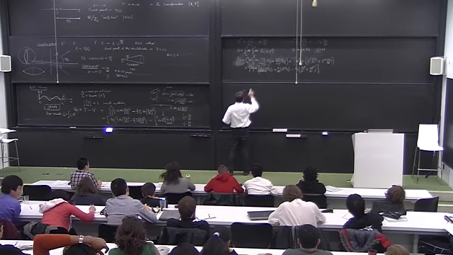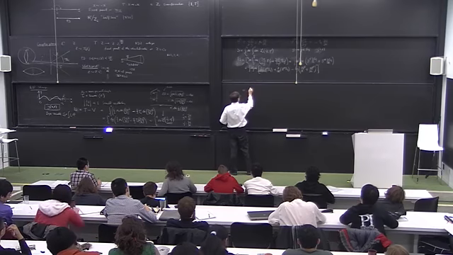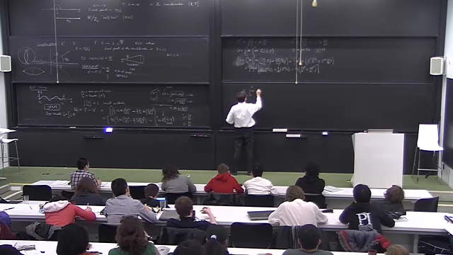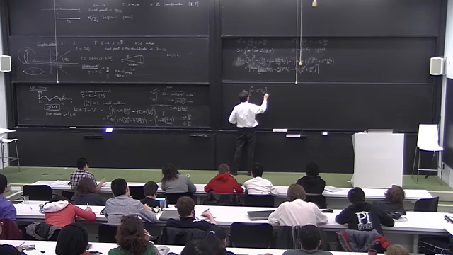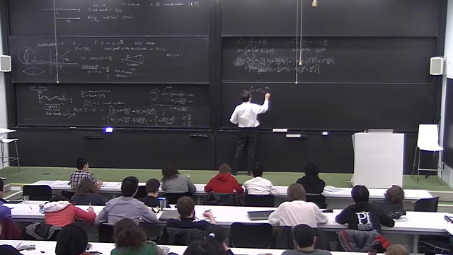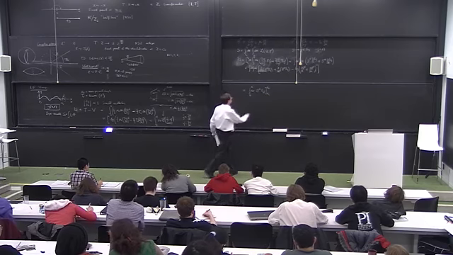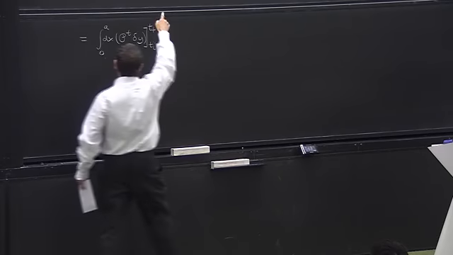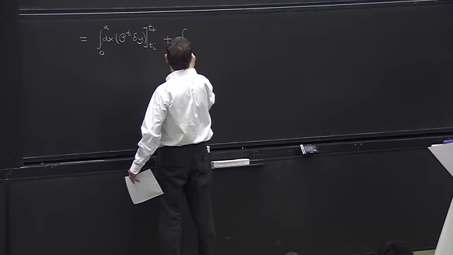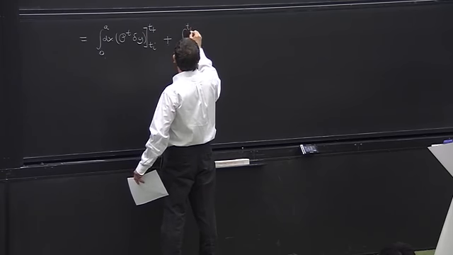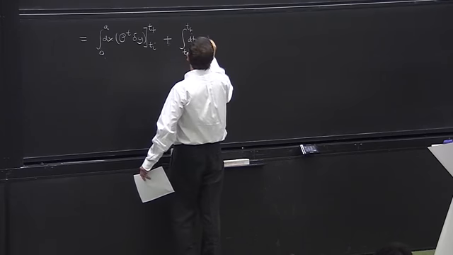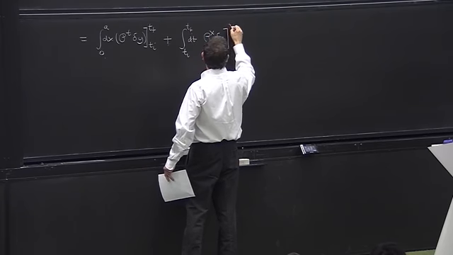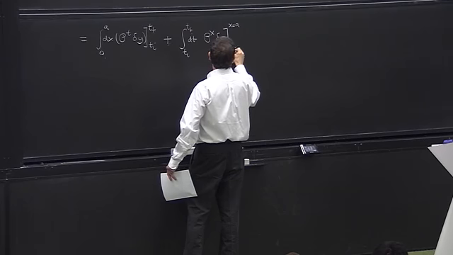So the d/dt integral can be done. In principle, you get the integral dx from 0 to a of P^t delta y evaluated between t final and t initial. For the d/dx integral, you get plus the integral from t_i to t_f dt of P^x delta y between x equals a and x equals 0.